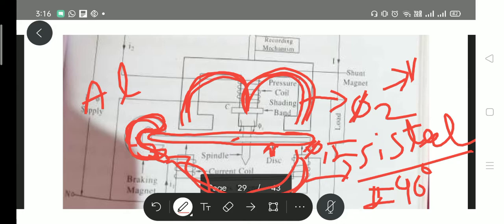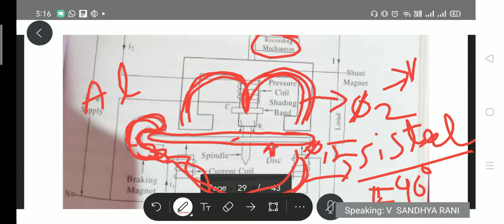Okay, next one is the registering system. The function of the registering system is that we can record continuously whatever the speed is, how many revolutions we are getting, how much energy is produced in this instrument.